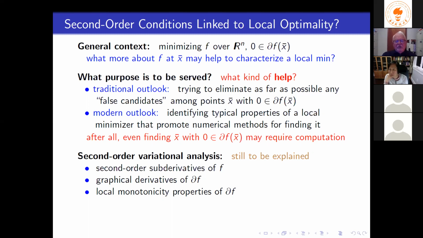But the variational analysis book extends the idea of a recession cone in a different way. The idea of a recession cone for a convex set was certain ways in which the set could move, or certain ways in which you could always move into the set from every possible point. And so there's a local version of that.